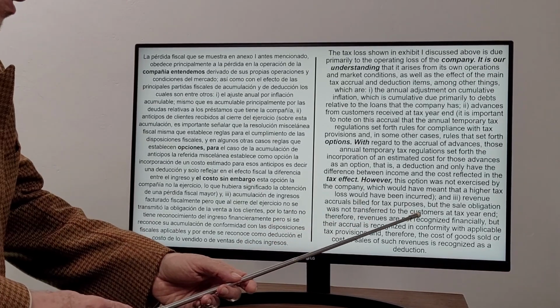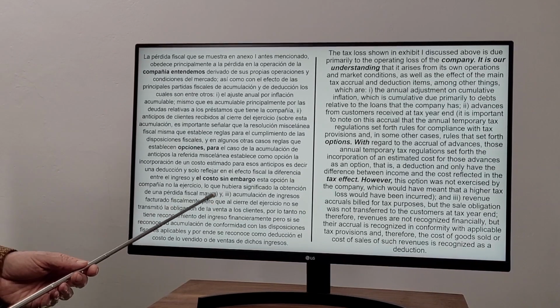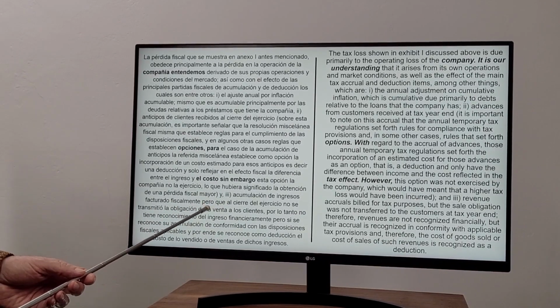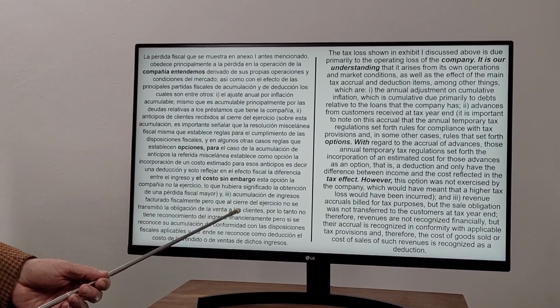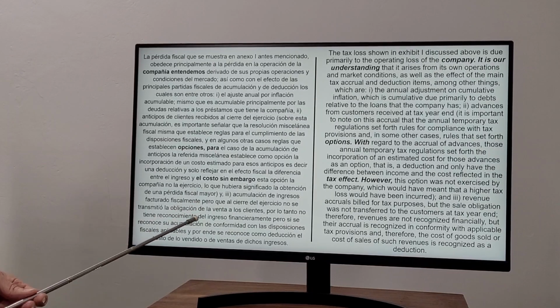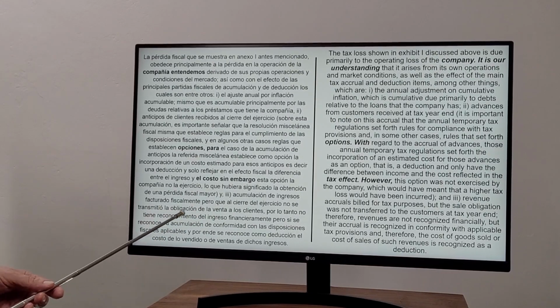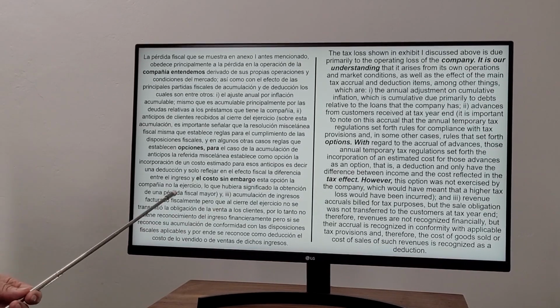We have our comma, but, pero, and you'll notice there's no punctuation. Pero que al cierre del ejercicio, that's a time expression. So we're going to move on. No se transmitió. We have a reflexive verb. So I have to continue looking for my subject. La obligación de la venta, right there.